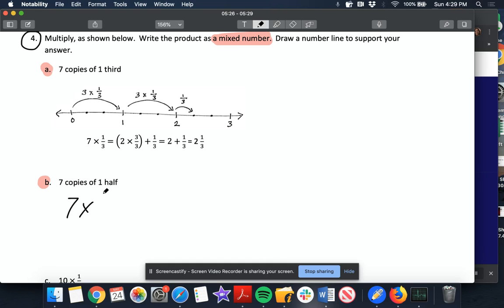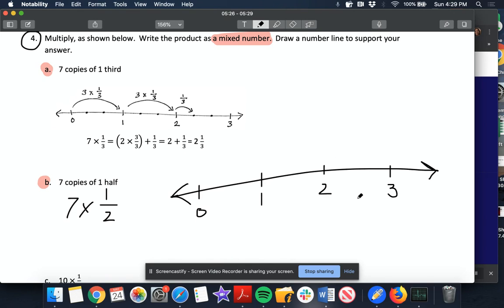So I'm going to rewrite that as 7 times 1/2. And I'm going to draw this number line. So I'm going to start at 0, 1, 2, 3. And I need 7 copies. And I'm also going to put 4 here.